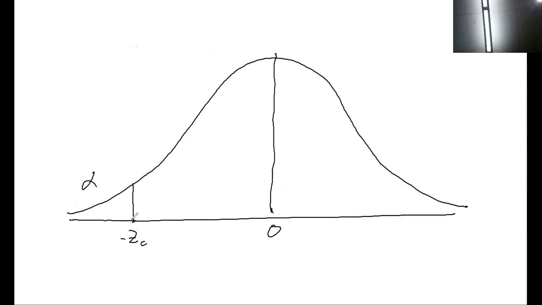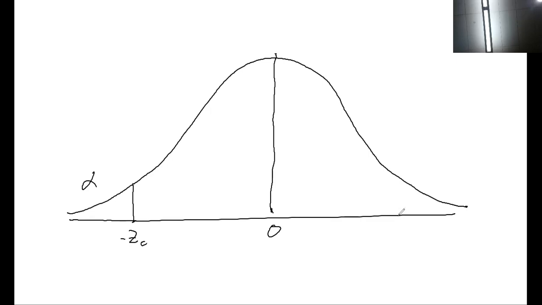So if we know this critical value, we may just compare the test value to it. If the test value is less than it, we reject the null hypothesis. If it's for a right tail test, if the test value is bigger than the critical value, we reject the null hypothesis. If it's for a two tail, we will just compare with any of the test value to see if it is in the rejection region. Do we understand what I'm trying to say here?